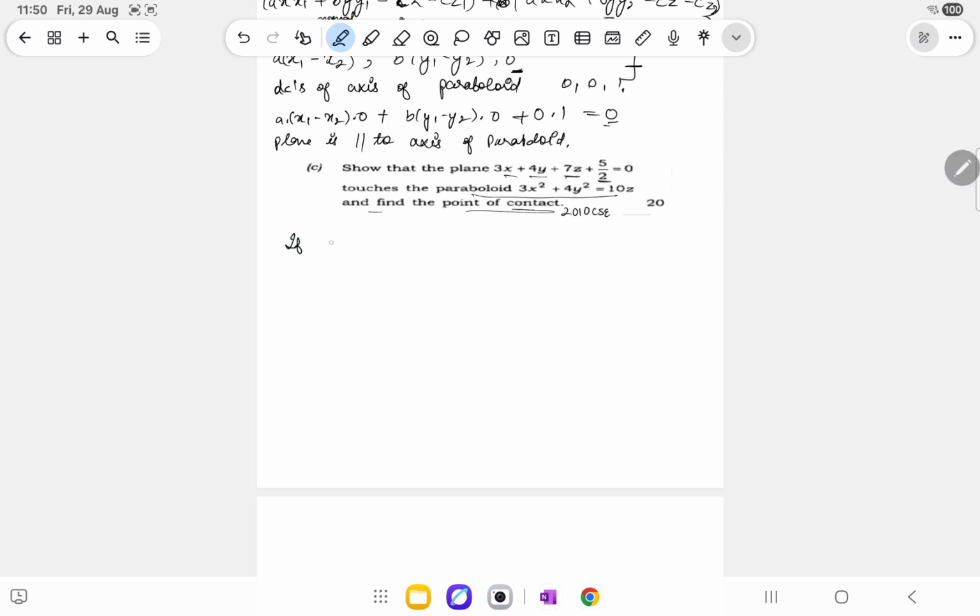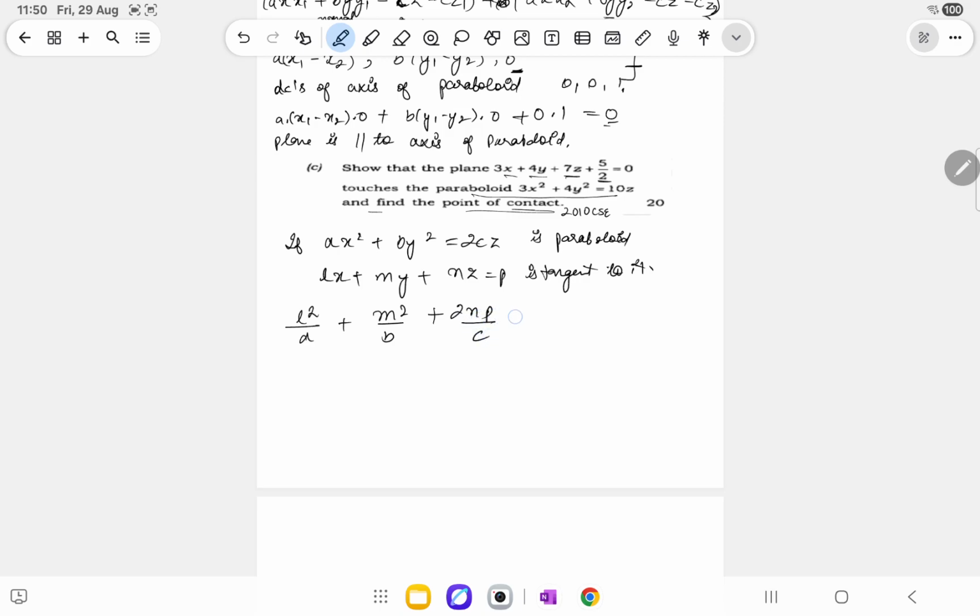If ax square plus by square is equals to 2cz is the paraboloid and lx plus my plus nz is equals to p is tangent to it, then the tangency condition is basically l square by a plus m square by b plus 2np by c is equals to 0. So I can just substitute the values of l, m, n and a, b, c here by comparing these two equations with these two.